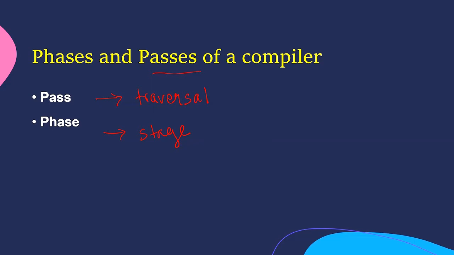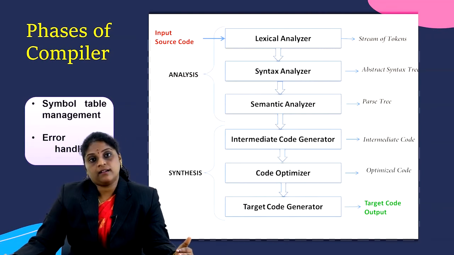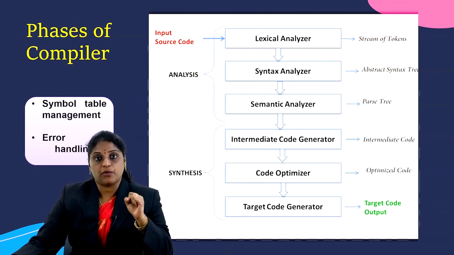Now let us see the 6 phases of a compiler. Compiler definition is nothing but it translates the high level language into a machine language. But the work of the compiler is not done in a single step. A lot of steps are involved in this compilation process.